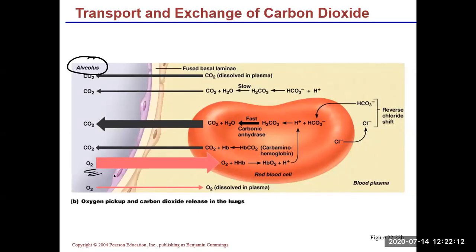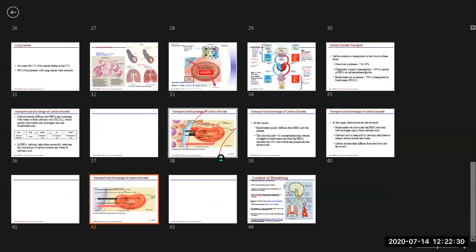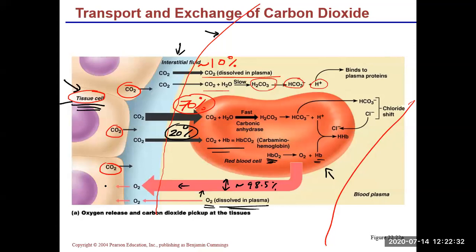Now you could see a lot of oxygen is coming in and getting loaded. So again, very little, 1.5%, is dissolved in the plasma. The rest, 98.5%, combines with the hemoglobin, and they're going to the destination. What is the destination? Well, I just told you, when we get to the tissues. So that was how you transport oxygen.